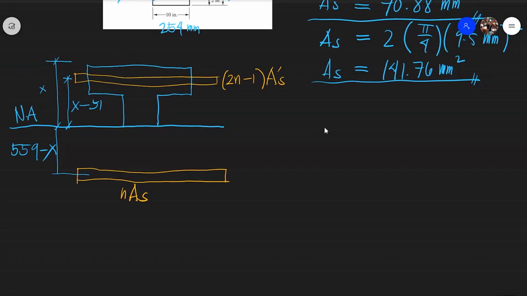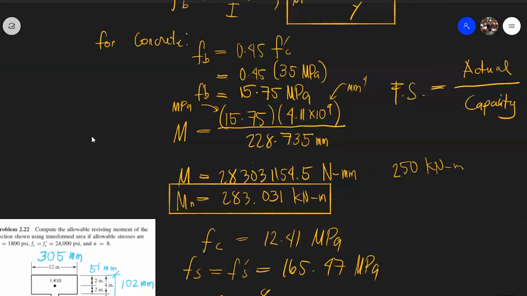Now we try to solve for the value of x. To do that, Q above should be equal to Q below. So your Q above is, what's the value of N? N is 8.